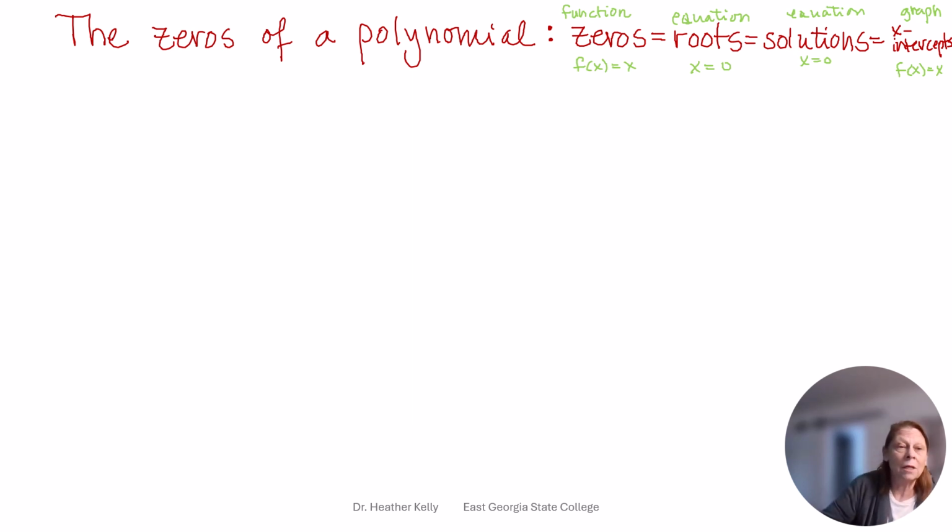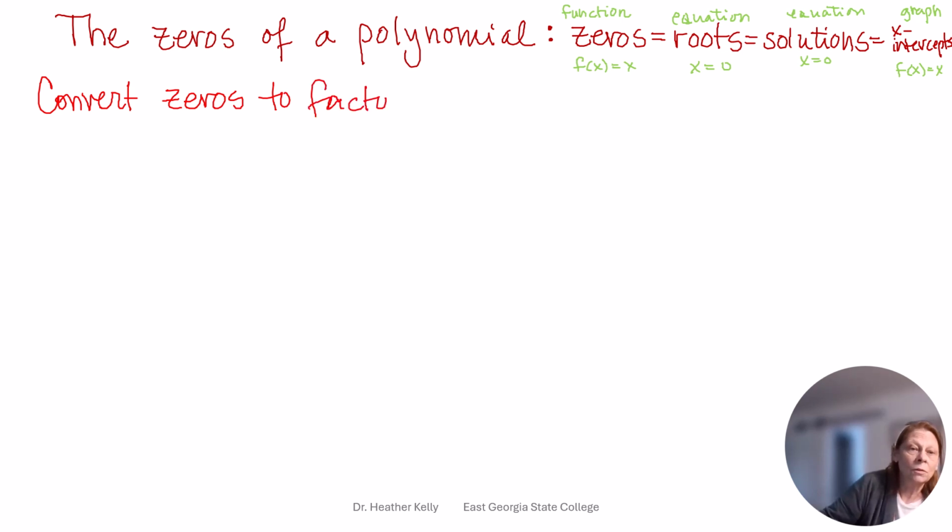So let's look at how to convert zeros to factors. Okay, and the way we convert zeros to factors, we have this little form, x minus whatever the 0 is. Ta-da! It's a factor.